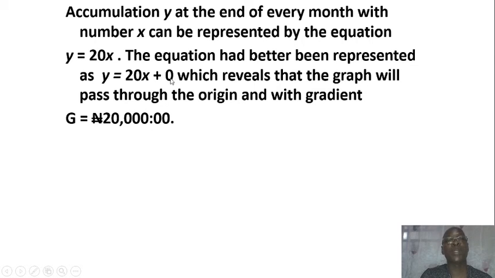The origin is a point where both x and y are equal to 0, which reveals that the graph will pass through the origin. And the gradient of the graph is going to be 20,000 naira, which is the common difference. If we look at the system, you see it looks like an arithmetic progression, increasing by 20,000 naira every month. Then the graph, I want you to plot it and see what is going to come out of it and how beautiful your work will be.